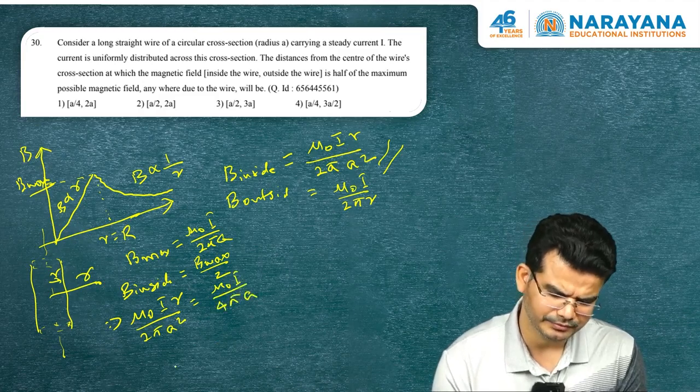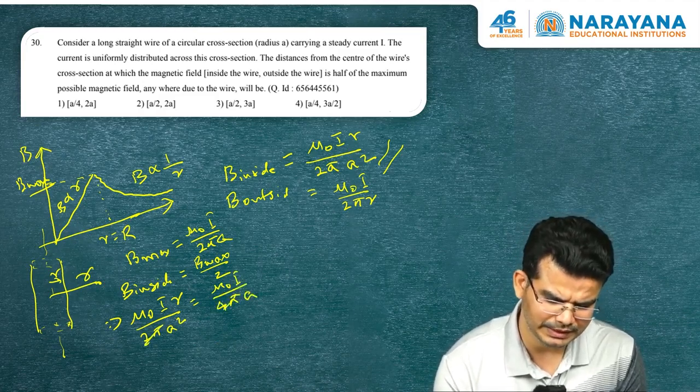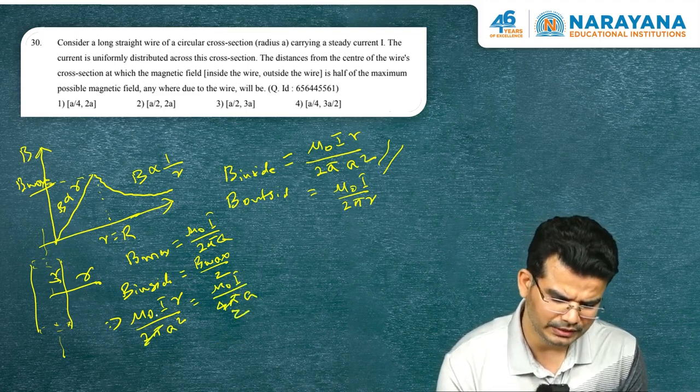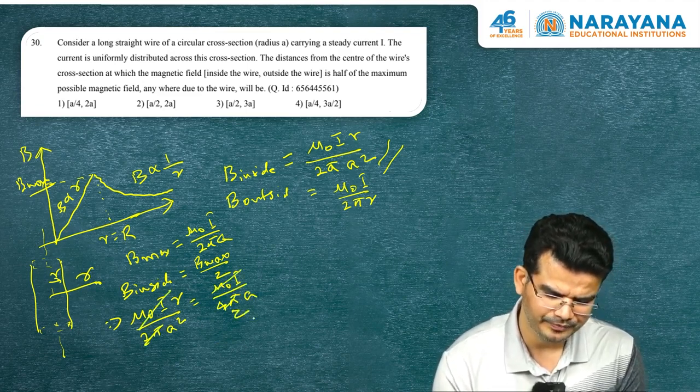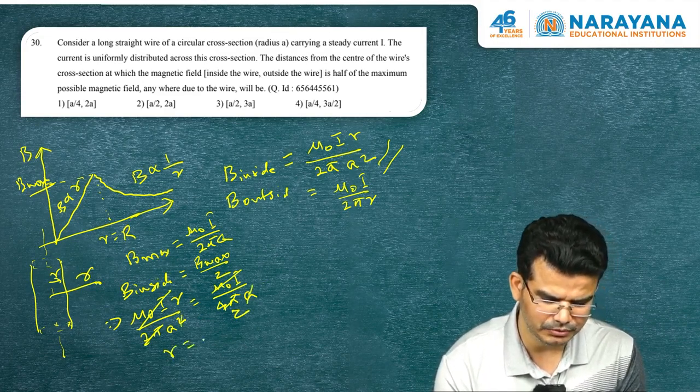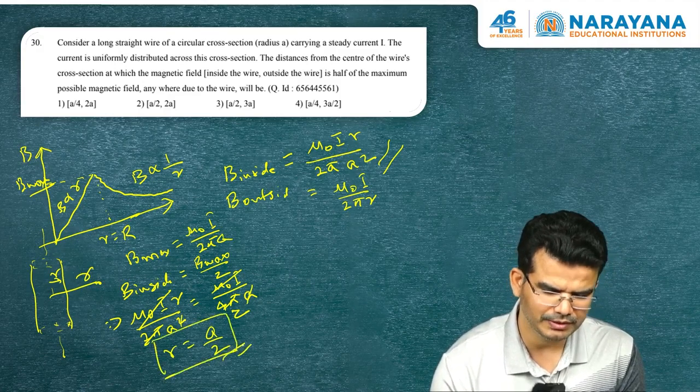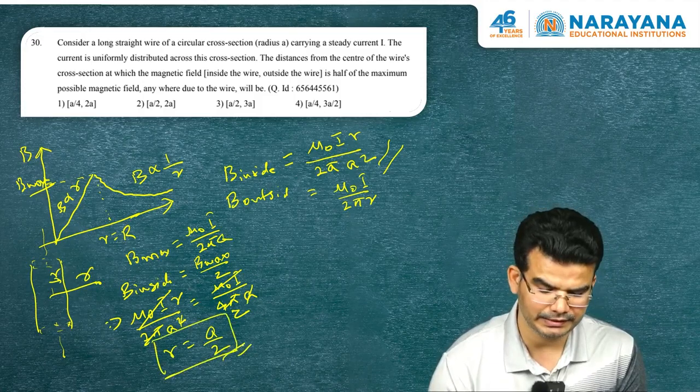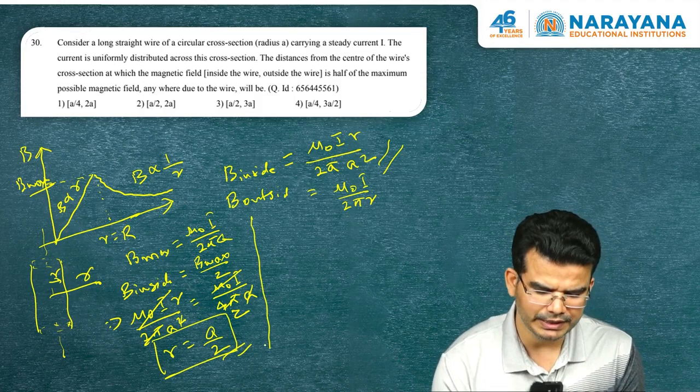Very simple case. Something gets cancelled, so mu naught I also gets cancelled, one a gets cancelled, and from here we get r equal to a by 2. So, this is the inside point. You can see we got the answer for the inside point because r is less than a. One more point we will get.